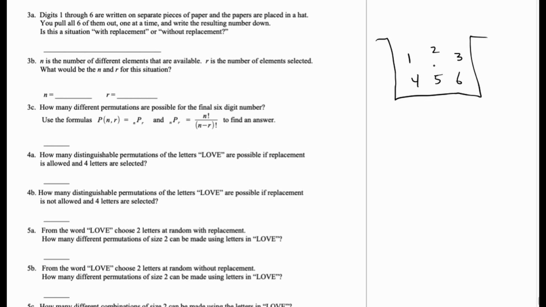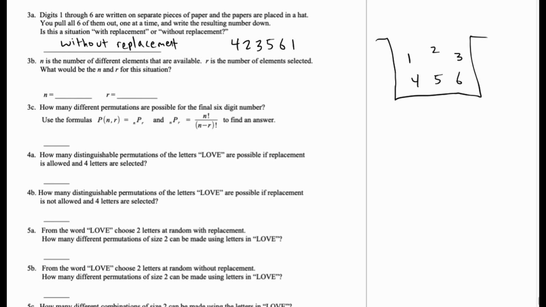You're going to reach in one at a time, pull them out, and then create a number out of that. They're randomly selected. This is without replacement, though, because it didn't mention putting the numbers back in the hat after you pull them out. So an example of an outcome you might get could be 4, 2, 3, 5, 6, 1.